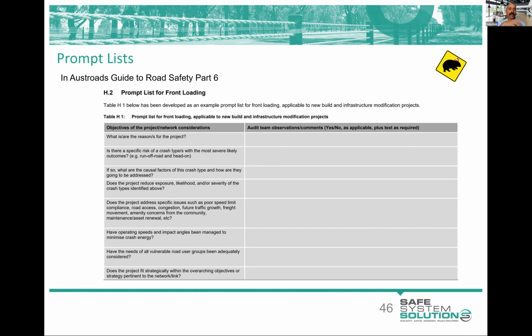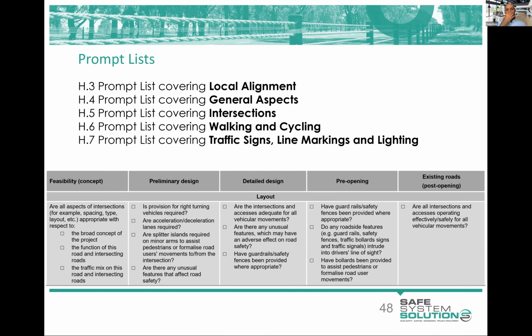So you start with these front loading questions, and then they move into specific lists of questions that help you think of things. They're in columns of feasibility, preliminary design, detailed design, pre-opening, and existing road. And they've got little squares so you can pick ones that might be relevant.